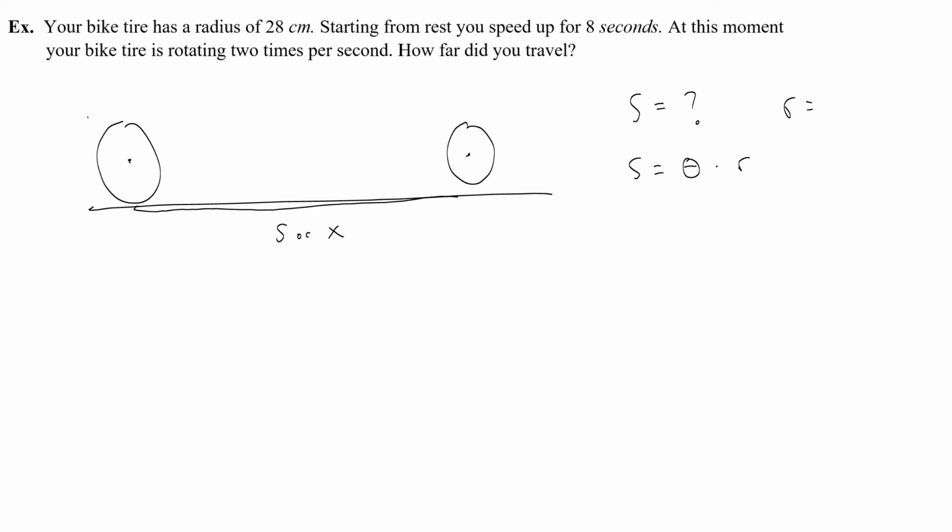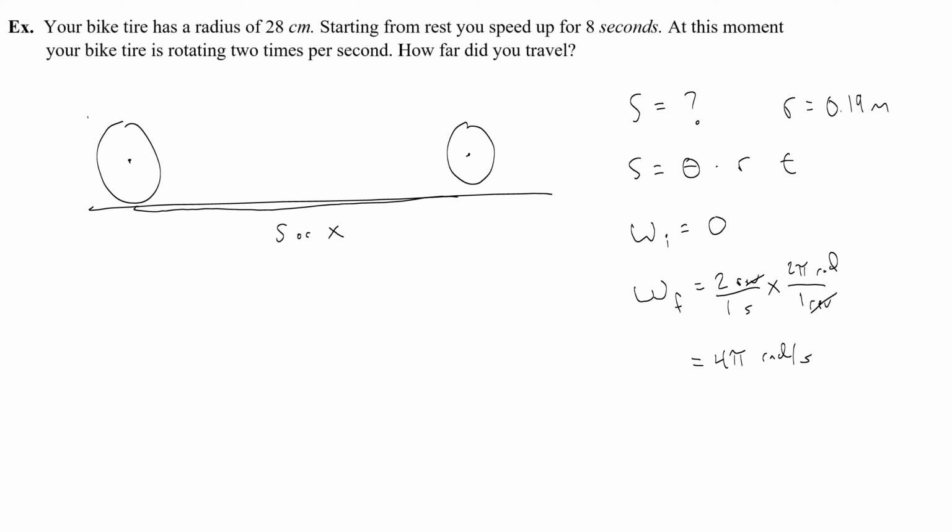We have to, of course, get that to radians per second. So to do that, I'm going to put 1 revolution on bottom, 2 pi radians on top. Maybe you can do this in your head. And this tells me that I'm going to have 4 pi radians per second as my final angular velocity. Okay, so we want to figure out s, how far you've traveled, and I know that the time it takes is 8 seconds.